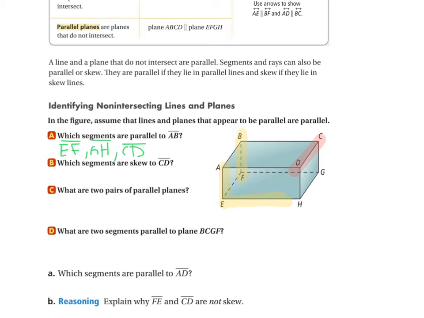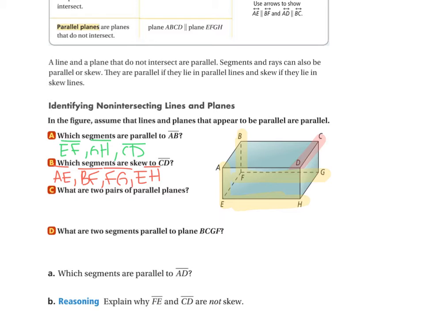EH on the bottom, and then FG on the other side of the bottom. So you have 4 of them. So we have AE, the segment BF, FG, and EH.